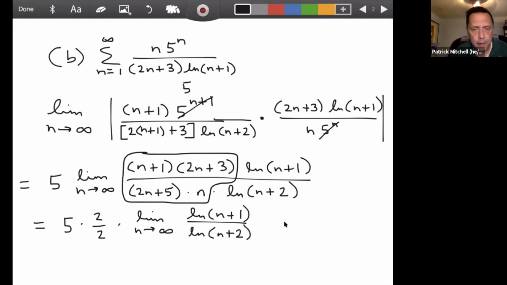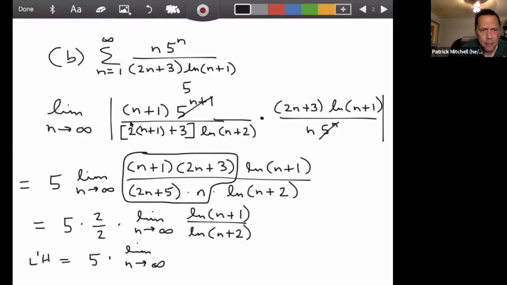Okay, almost there. So hopefully you have an idea of what that limit is. I don't see any shortcuts, so I think I will just go ahead and use L'Hopital's rule. Okay, so right here using L'Hopital. So now I'm doing something that feels weird to me. I am differentiating with respect to n.